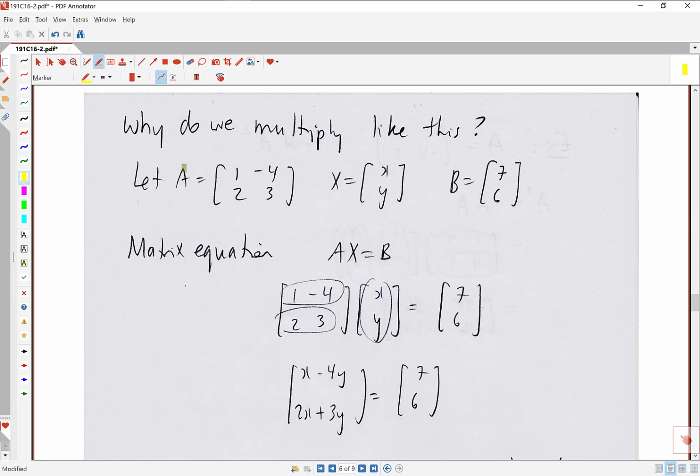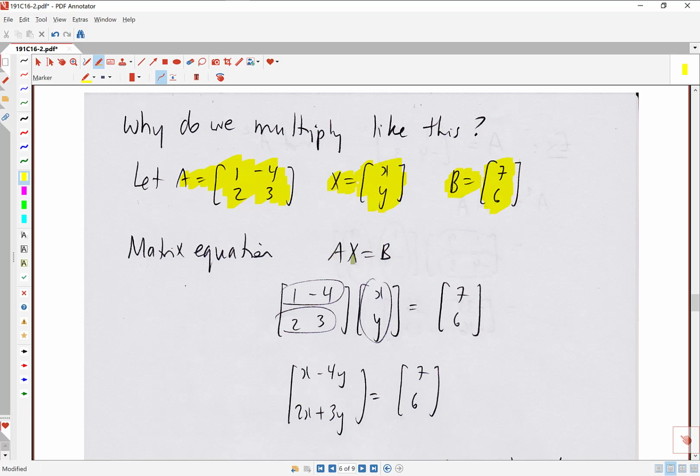Well, to illustrate this, let's take a matrix A that just has some numbers in it. Let's take a matrix X, which just consists of a single column that has some variables in it. And let's take another matrix B that, again, just consists of a single column but has some numbers in it.